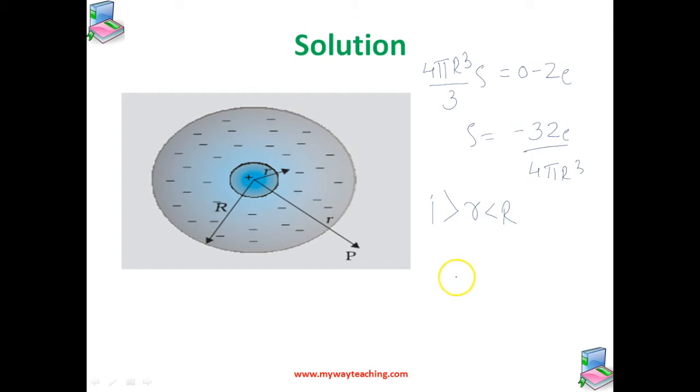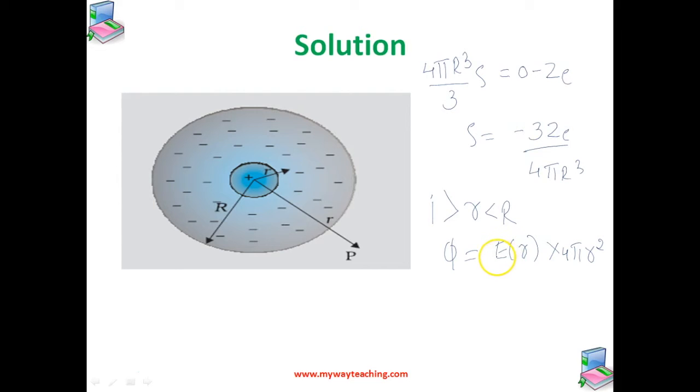For the first case, the electric flux enclosed by the spherical surface is given by phi equal to E(r) times 4 pi r square, where E(r) is the magnitude of the electric field at r.